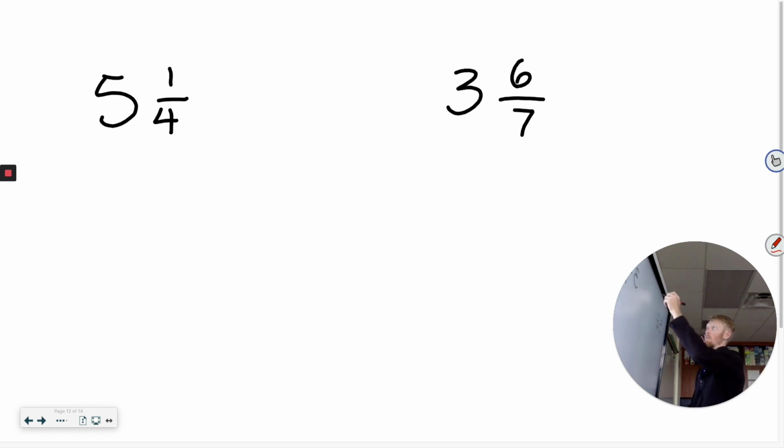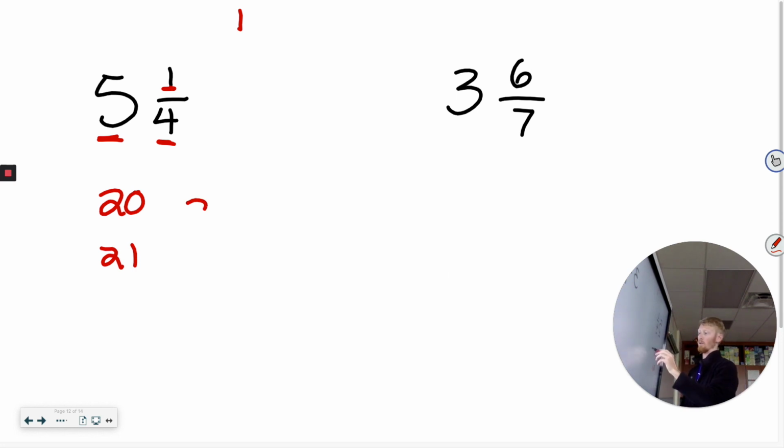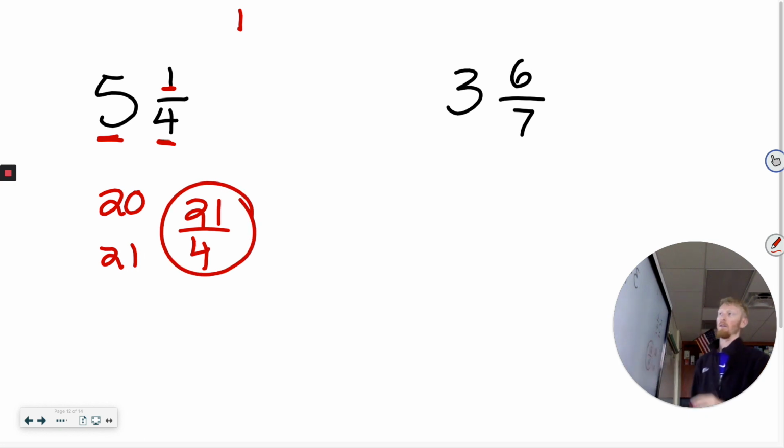All right, step 1, multiply whole number times denominator. 5 times 4 gives me 20. Step 2, add the numerator. That gives me 21. Step 3, keep the same denominator. So that gives me 21/4. All right, if I go to the second example.